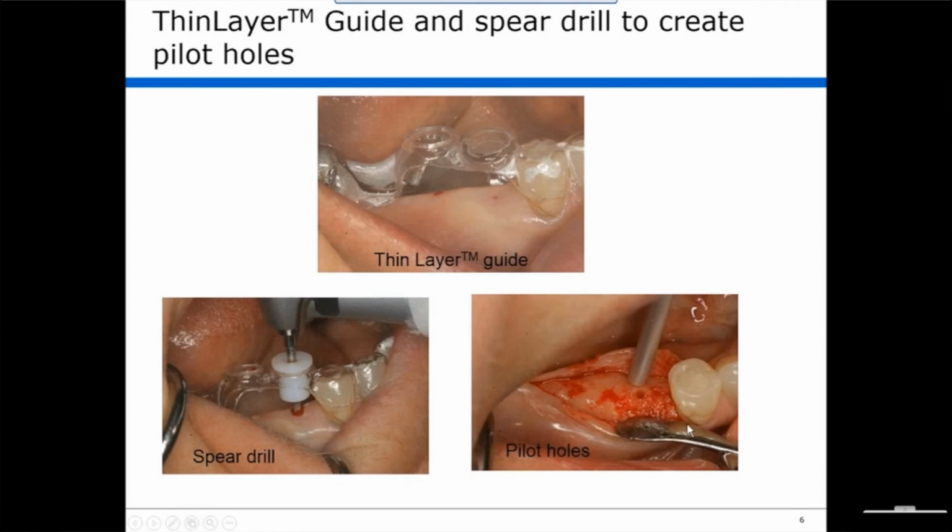Now you take a thin spear drill in a drill stop and place it through the guide hole, through the bleeding point, right through the gingiva into the bone. That makes a pilot hole in the bone. At this point, you have the option of going flapless or raising a flap. I raised a flap here to illustrate how easy it is with this kind of guide. Here's your pilot hole in the bone. It's only 3 millimeters deep or so, about 1.5 millimeters in diameter.